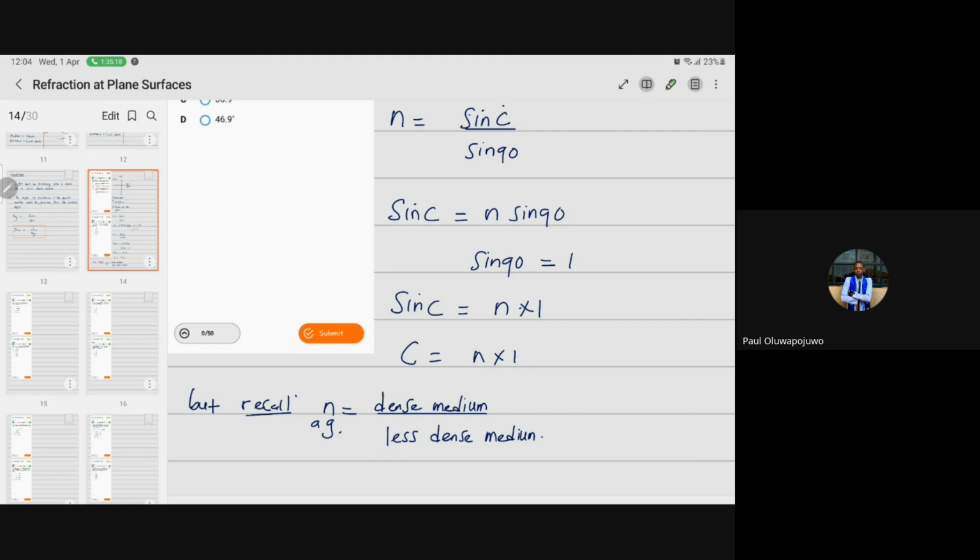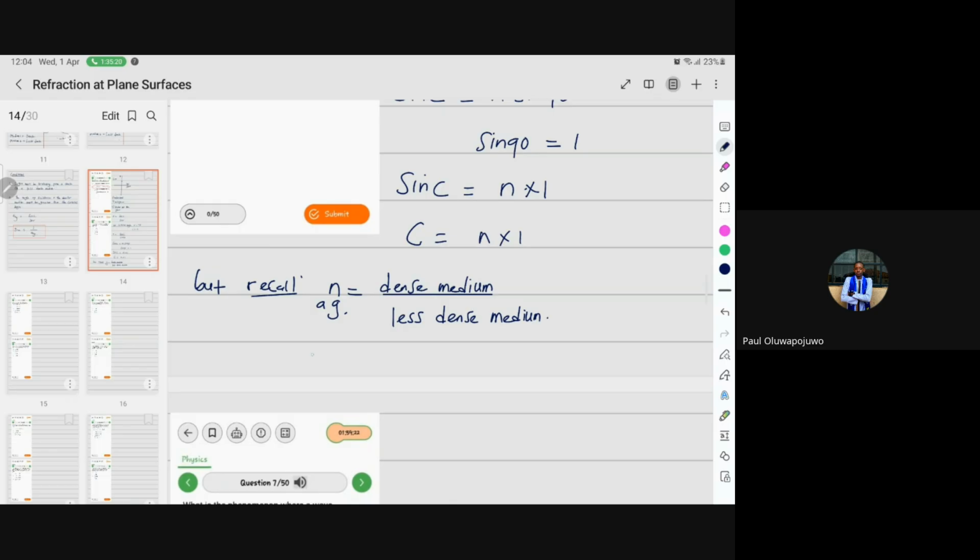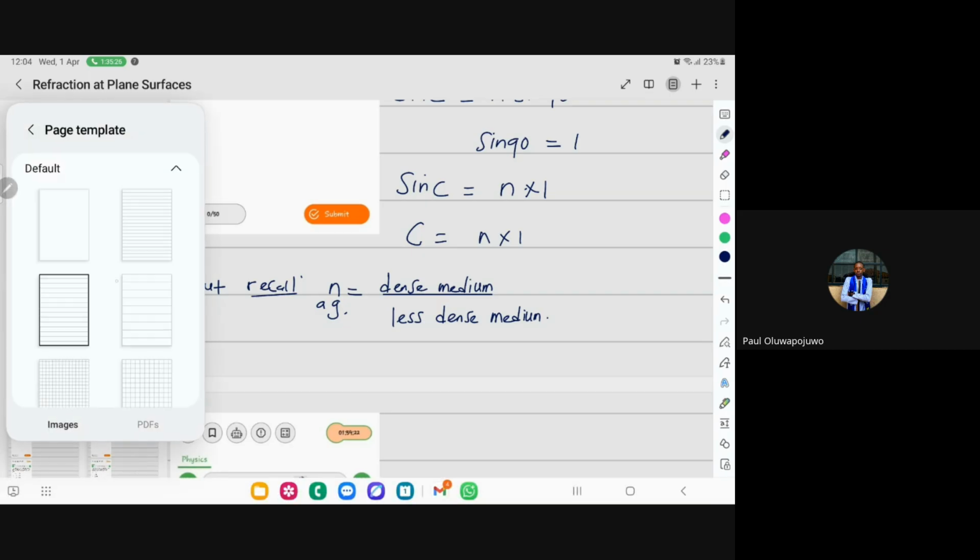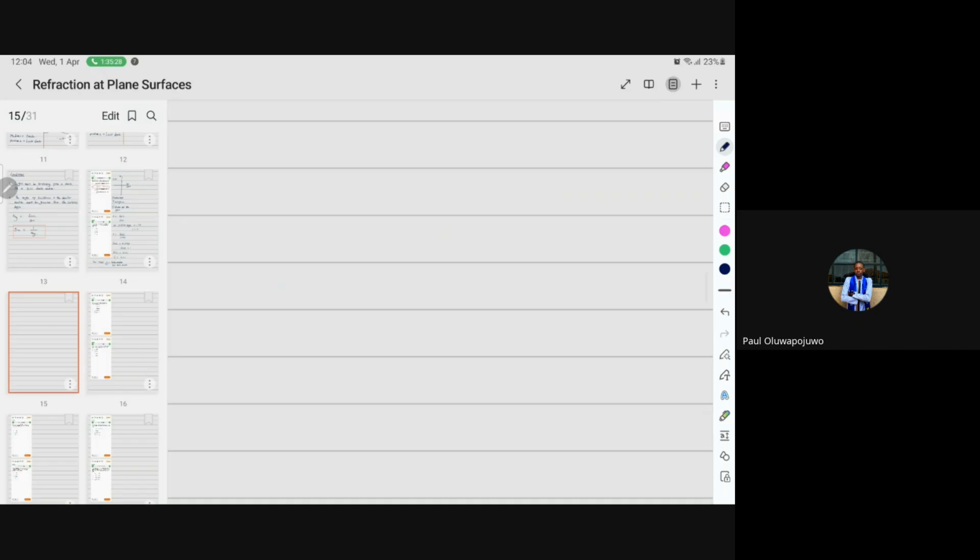Now, if I want to get N from glass to air, it will now be the other way around. Glass to air will now be equal to 1 over that thing I wrote before, which is your N air to glass.